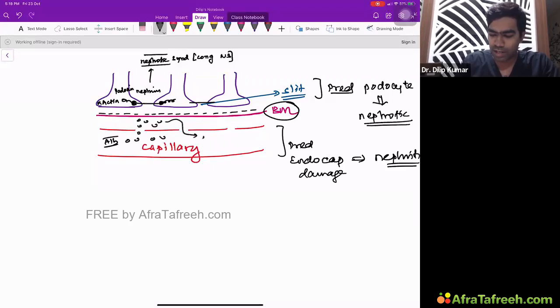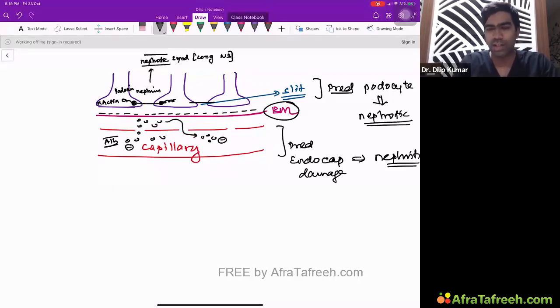they generally get repelled back, because albumin is also negatively charged, and our capillary basement membrane is also negatively charged. Because both are negatively charged, albumin, even though it crosses the fenestration and goes towards the basement membrane, doesn't generally go into the urinary space, because it is pushed back into the endocapillary region thanks to the negative charge of both the albumin as well as the basement membrane.